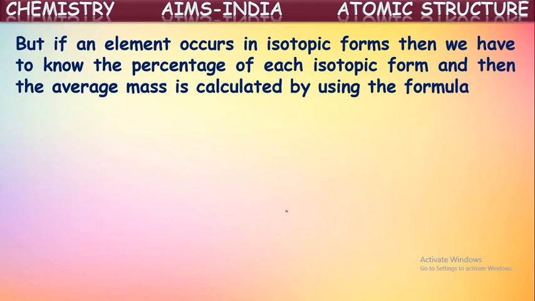If an element has more than one kind of isotopic form, and we know the availability of those isotopes in nature, then by using those availability percentages and the mass numbers of the different isotopes, we can calculate its average atomic mass by using one formula.